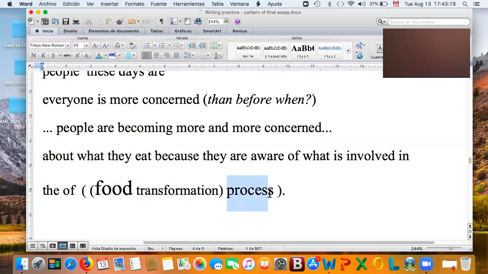And you see, over here we have the same thing. The same operation repeats and concatenates. One's inside the other. So you have different kinds of processes. You have transformation processes. Transformation of what? What kind of transformation? Food transformation processes.